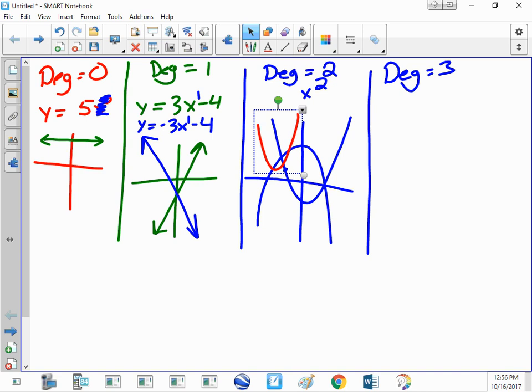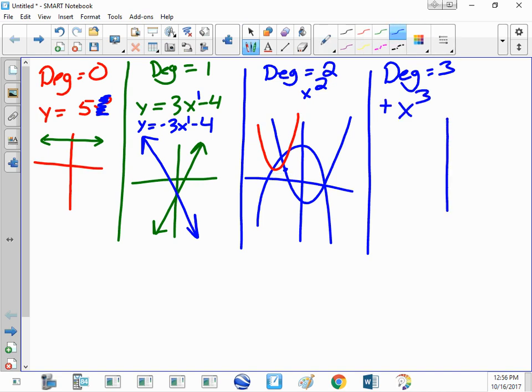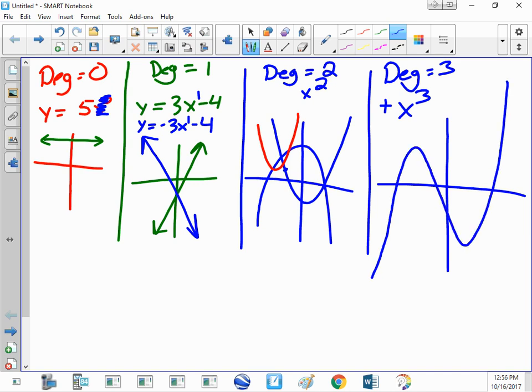What would an x to the third graph look like? It could hit 3 times. So if I have a positive x to the third, then the graph's going to look like this. Okay? What would a negative x to the third graph look like? It would start from the top, and it would come down and back up.